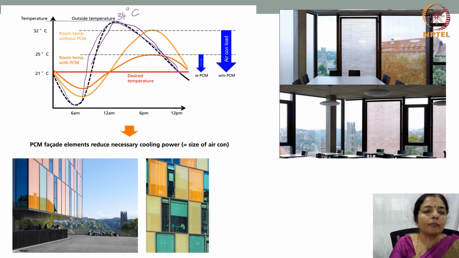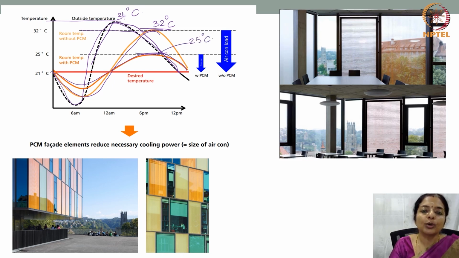Now, when the room is just with the glazing, without PCM, the maximum room temperature is 32 degrees centigrade, and with PCM, the indoor temperature remains at 25 degrees centigrade.